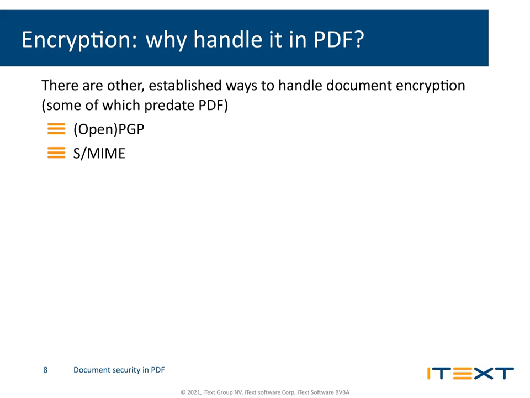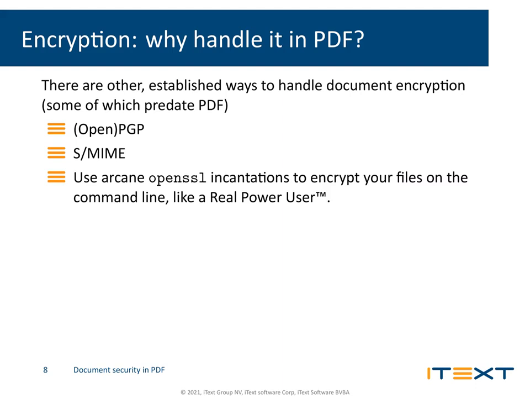You might just attach your document to an encrypted email, encrypted with OpenPGP, for example. That's one way to deal with it. You could also use arcane OpenSSL incantations to encrypt your files on the command line like a real power user. If you know what you're doing, this is actually a perfectly acceptable way of encrypting stuff. It's just not very user-friendly.